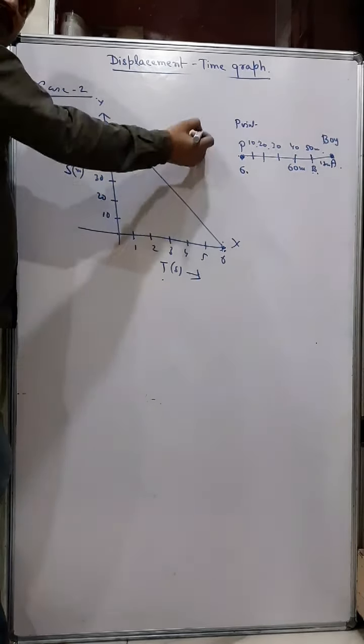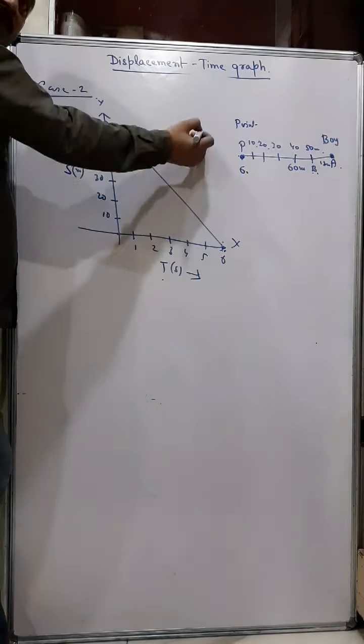Here also the velocity is uniform, but in the previous case the velocity is positive, because the body was going away from the point. But in this case the body will have a negative velocity. So when the graph comes like this, the velocity will be negative.